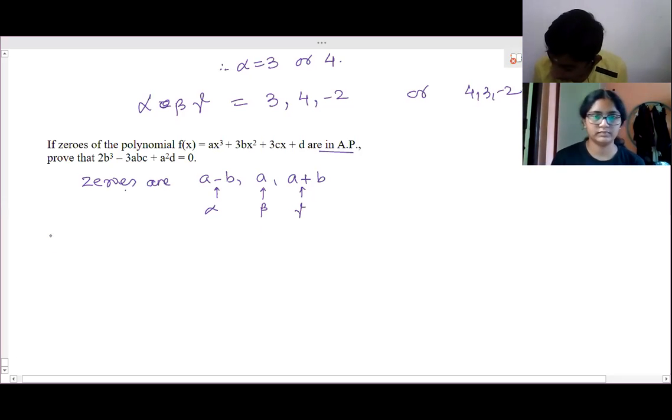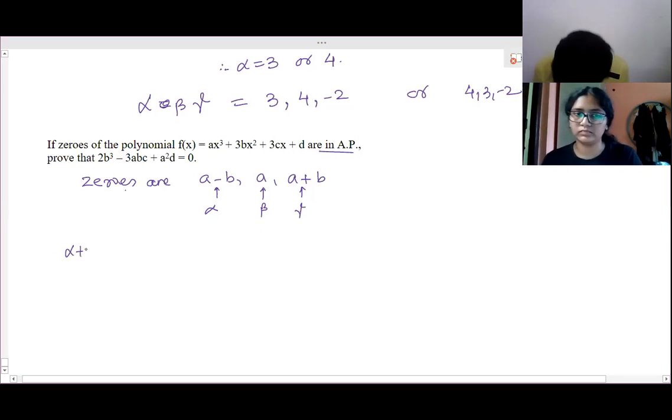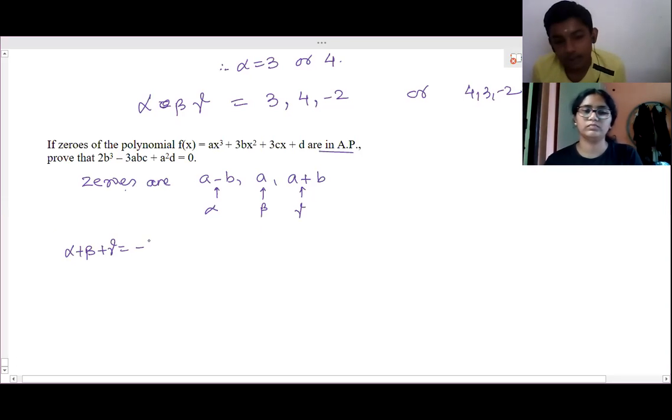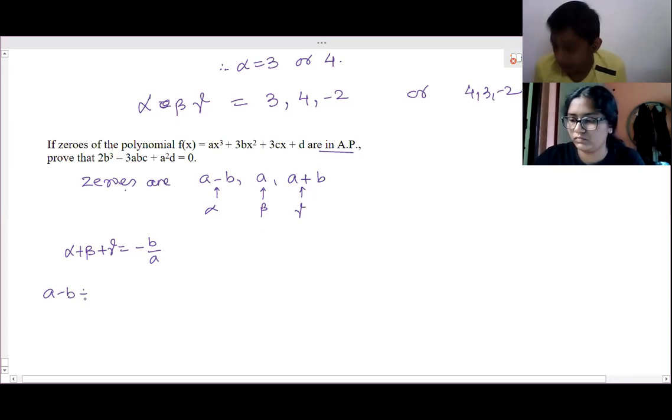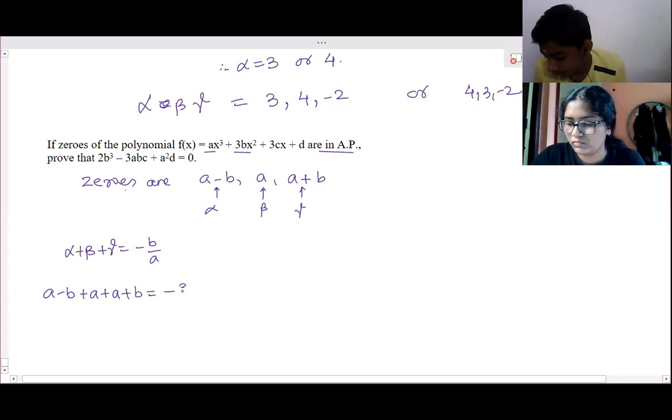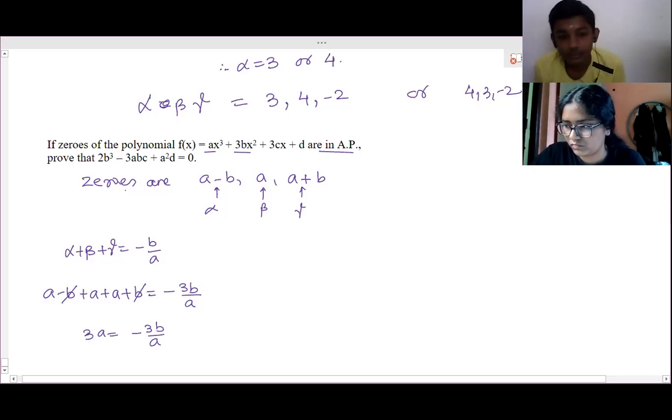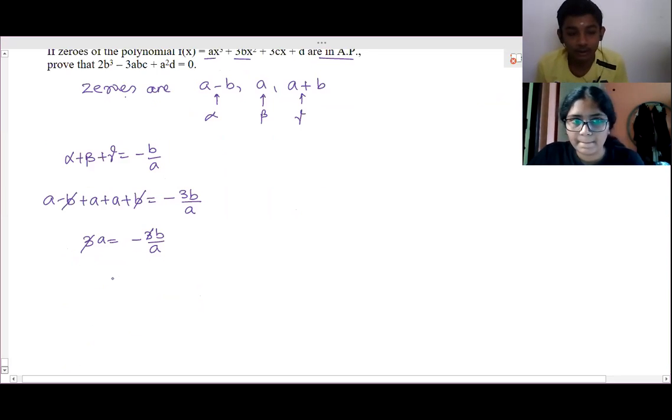So a minus b plus a plus a plus b is equal to minus 3b by a. Minus b plus b cancel. 3a is equal to minus 3b by a. So 3 gets cancelled. So a is equal to minus b by a.